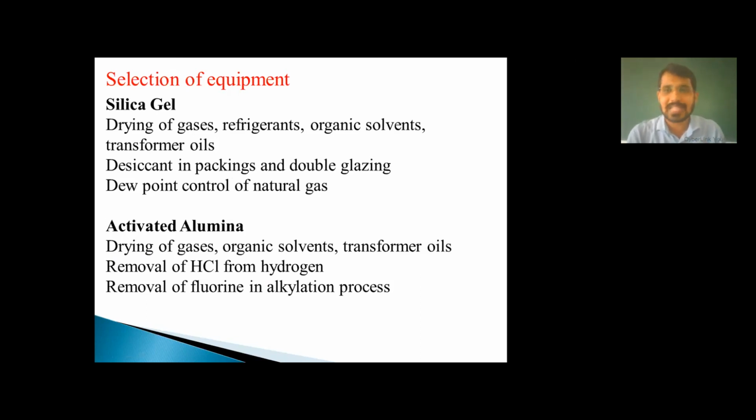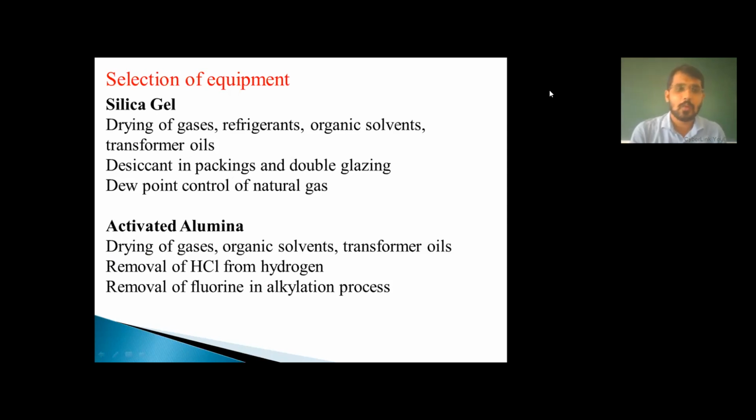First one is silica gel. Silica gel is used for drying of gases, refrigerants, organic solvents, and transformer oils. After that, as a desiccant in packaging and double glazing, silica gel can be used.